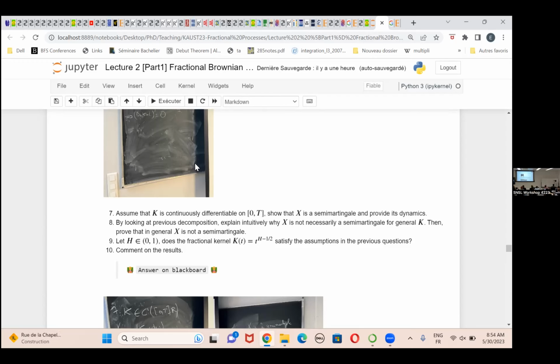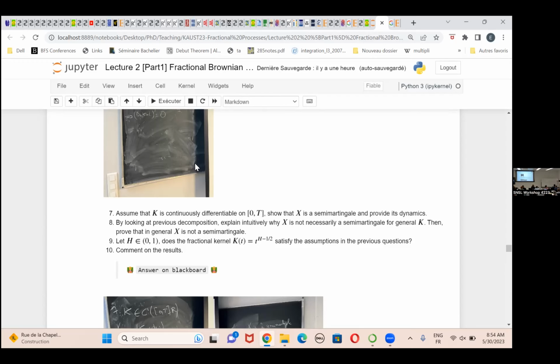If K is differentiable, you can write K as K0 plus 1 star K prime. And so your X, which is equal to K star dW, now K0 is a constant, you can take it out, so you get K0 times the integral of dW, which means W, plus, you see it's very convenient to write with these notations, 1 star K prime star dW by Fubini.